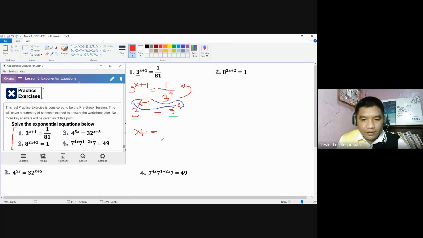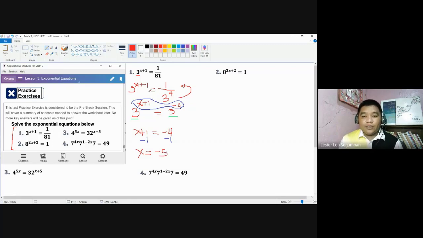From this, it's just a simple linear equation. You simply subtract both sides by 1, and you will have the value of x: negative 4 minus 1, you'll have negative 5. So this is the value for x.